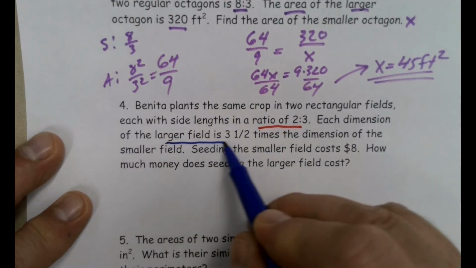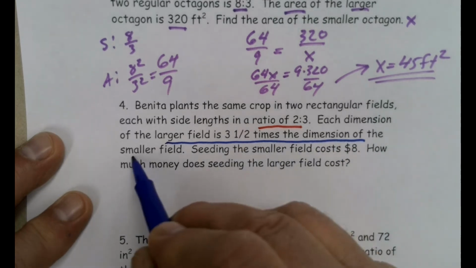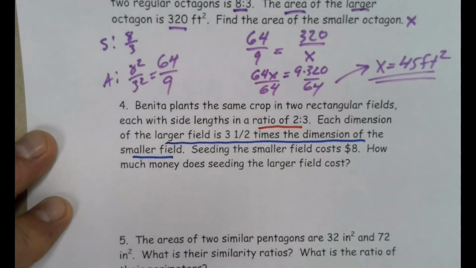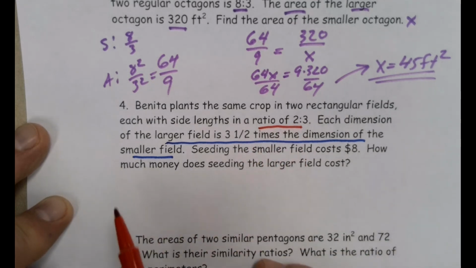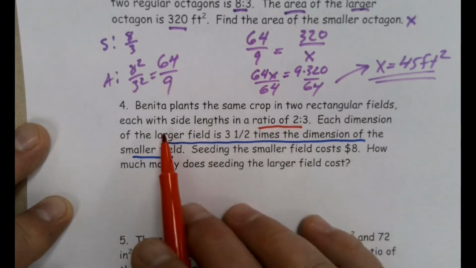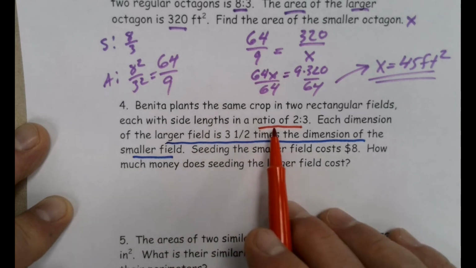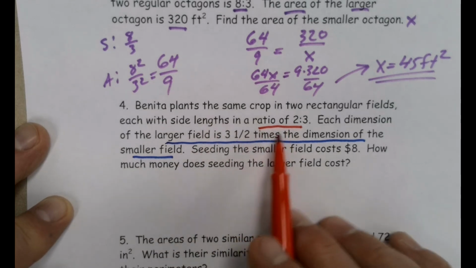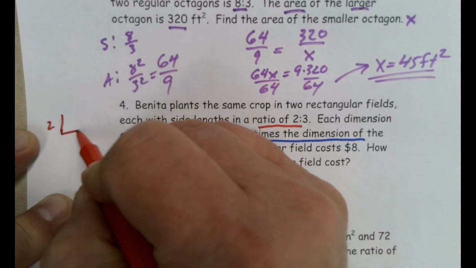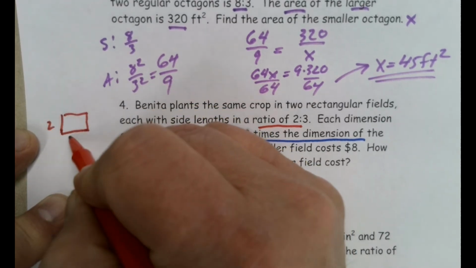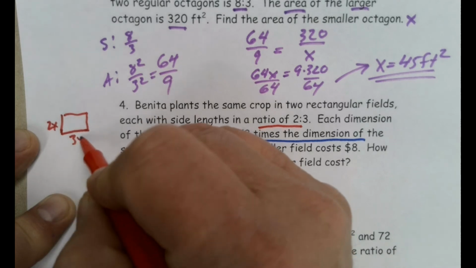Okay, so here's what I got to think about. I got basically two ratios listed here. Okay, it says here the side lengths in the two fields are both in this ratio, where basically if the width is 2, the length is 3, or 2x to 3x.